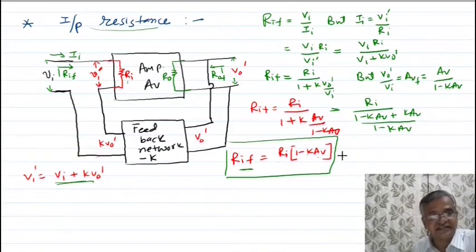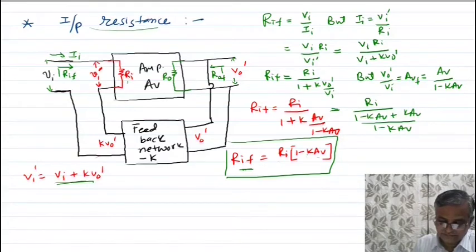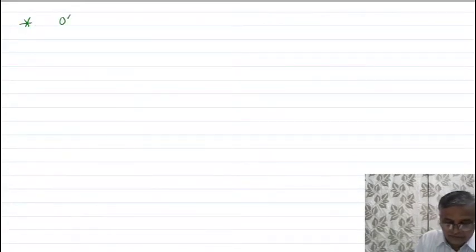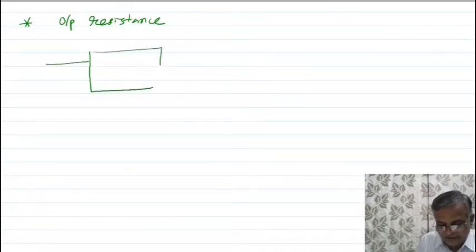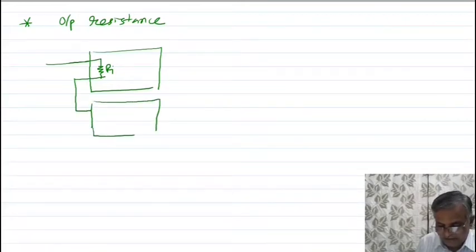Now let us discuss the output resistance. What is the effect of feedback on output resistance? See, again I will draw the block diagram for your understanding. This is your feedback network having K, which is negative.